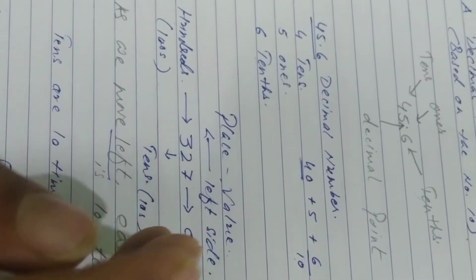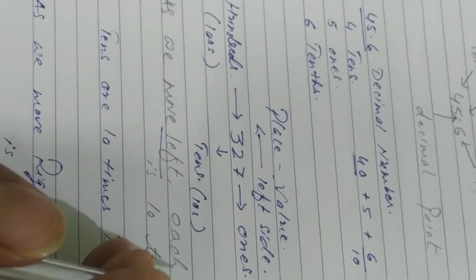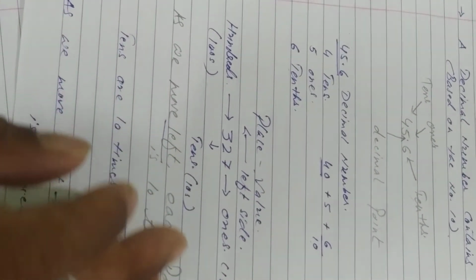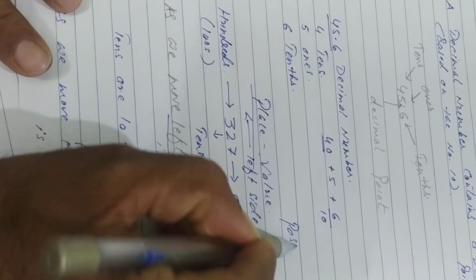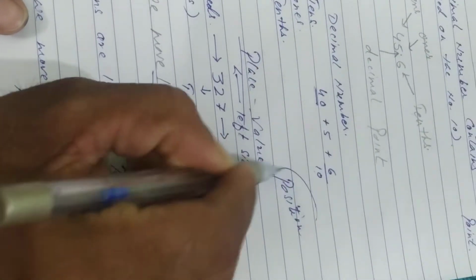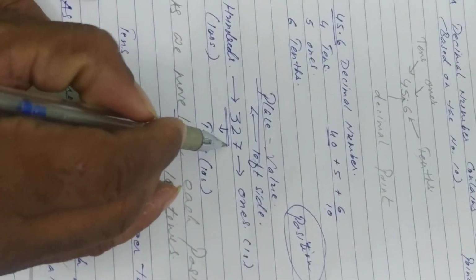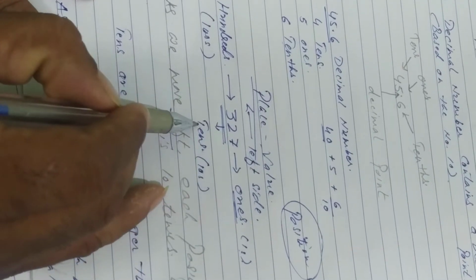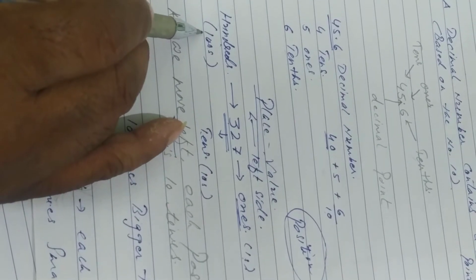Good. Then after we know well about the place value of the number. As we know, the position of each digit is important. Position means place value, right? Look at here, the given number 327. Here 7 is representing ones, 2 representing tens, and 3 is representing hundreds, right?